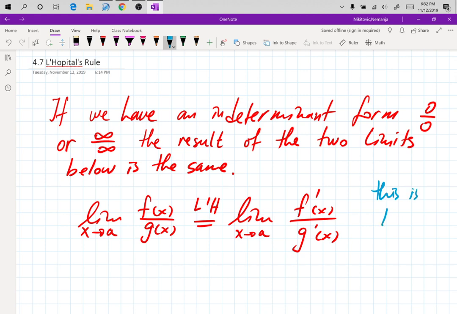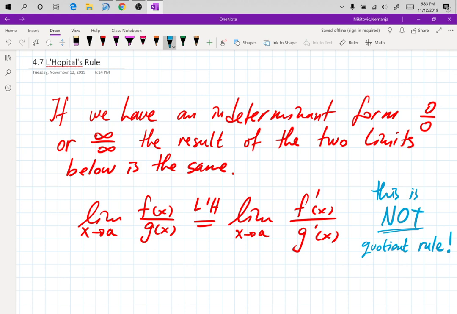This is not the quotient rule. It is two independent, separate derivatives: the derivative of the numerator, completely separate from the derivative of the denominator.